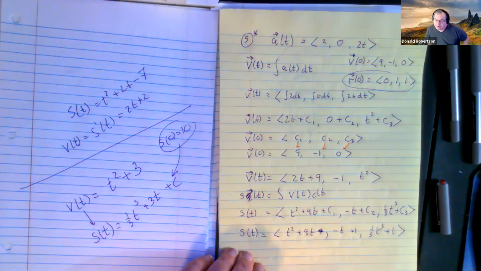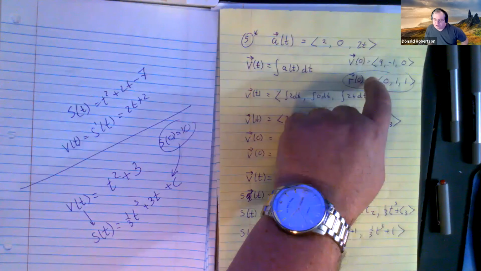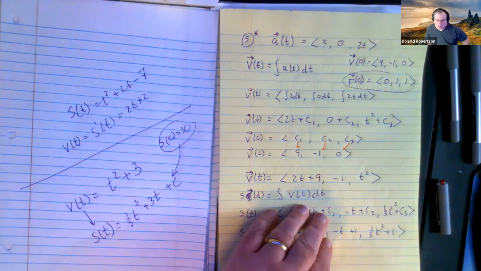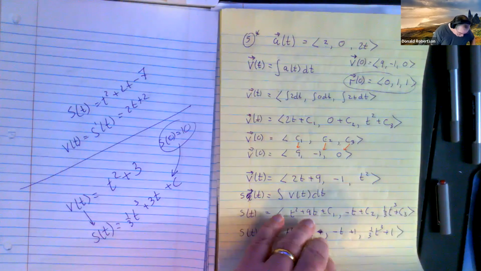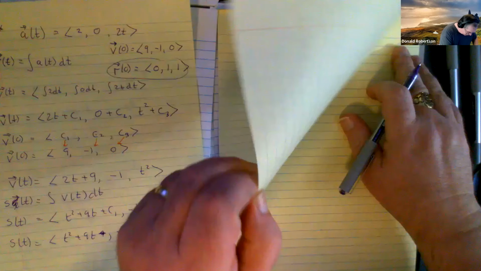Are we good about integrating to get velocity, integrating velocity to get position, and using these boundary values to find the arbitrary constants C1, C2, and C3? Right. I'm going to make one of my own up so that we don't have that annoying feature that these just be the constants.